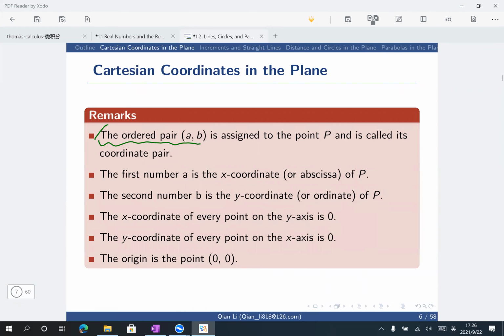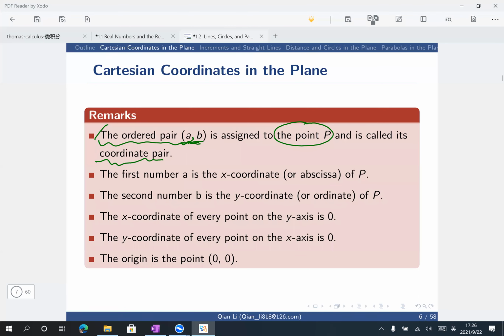This ordered pair (A, B) is assigned to the point P in the plane, and this pair will be called the coordinate pair.